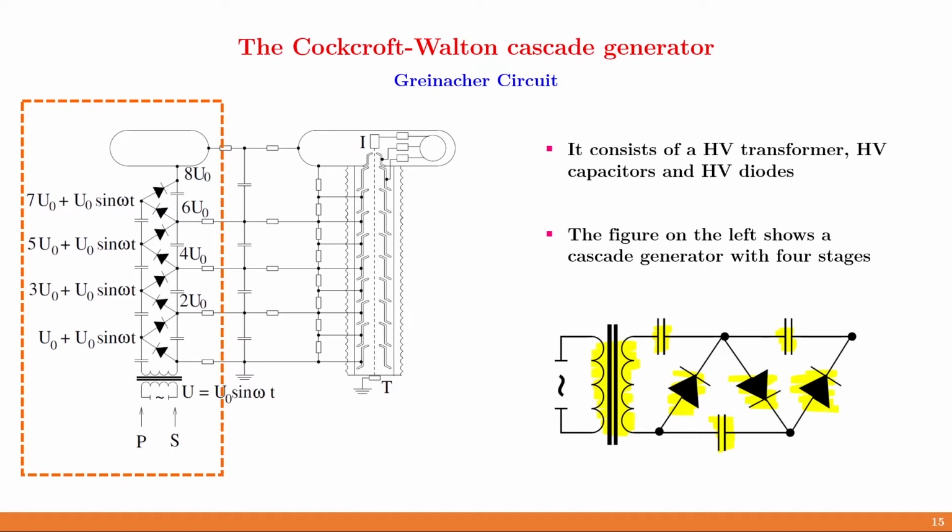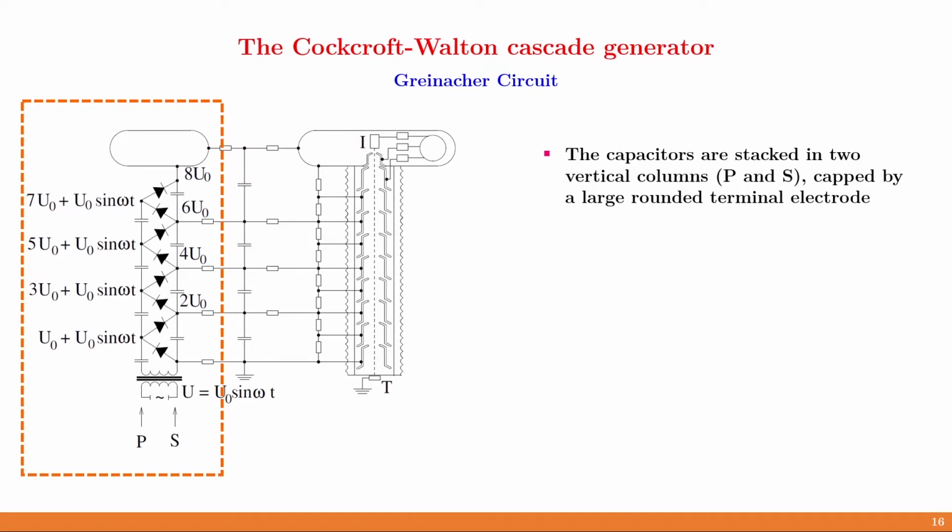The figure on the left shows a cascade generator with 4 such stages. The capacitors are stacked in 2 vertical columns, that is P and S, and these are capped by a large rounded terminal electrode.